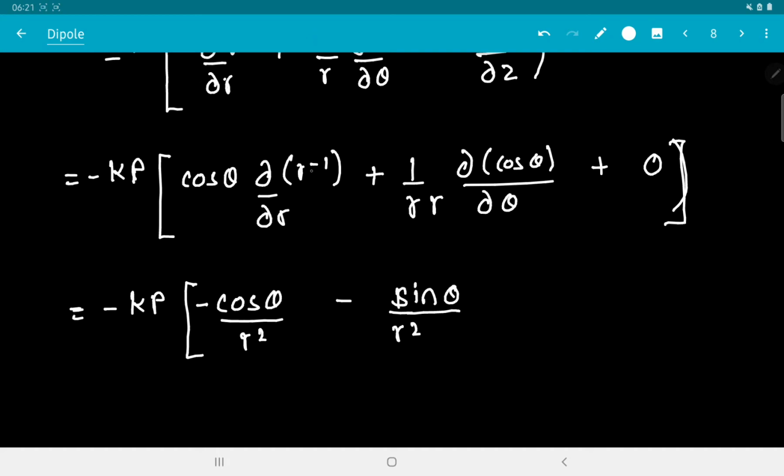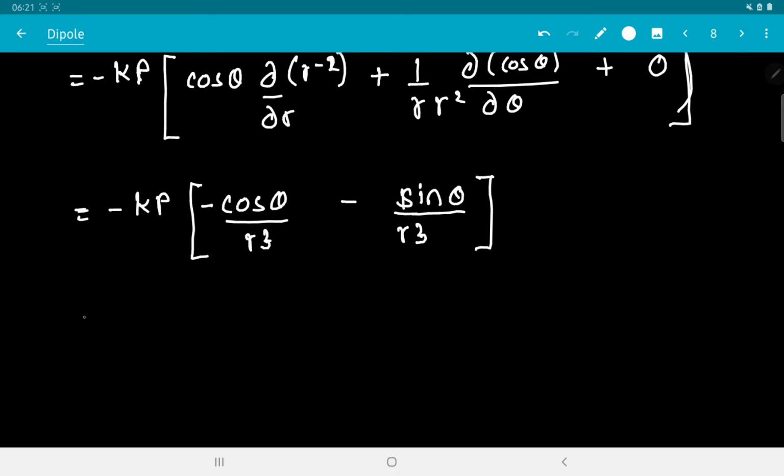Okay, I think I have made a mistake. We have r squared, not r raised to minus 1. So instead of r squared we'll get r cubed here. I hope you have understood what mistake I have made. Instead of taking r raised to minus 2, I had taken r raised to minus 1. So we'll get r cubed everywhere.